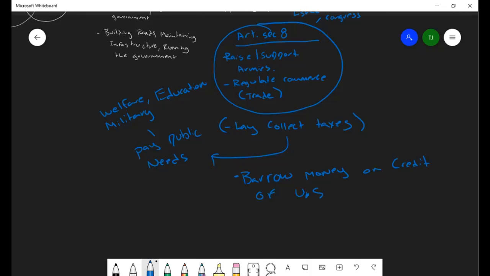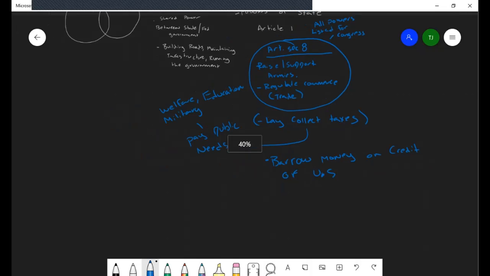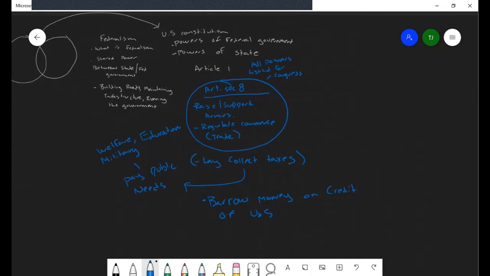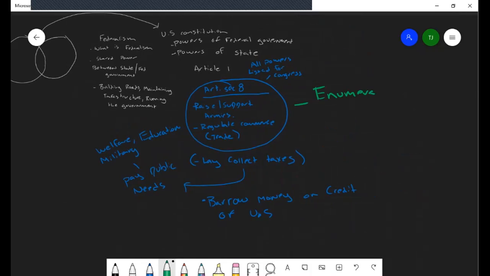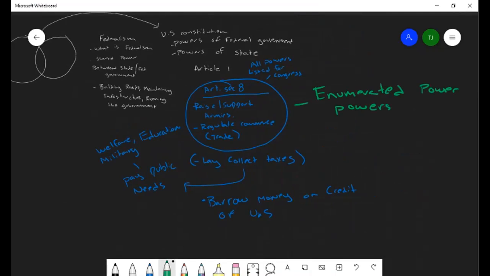Okay. All of the powers listed in Article 1, Section 8, these are called enumerated powers. Okay. So they're called enumerated powers because they're powers listed in the Constitution. They're explicitly listed in the Constitution.